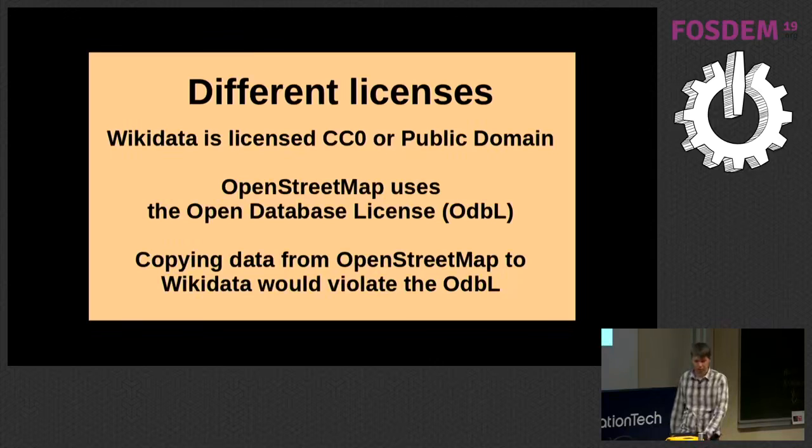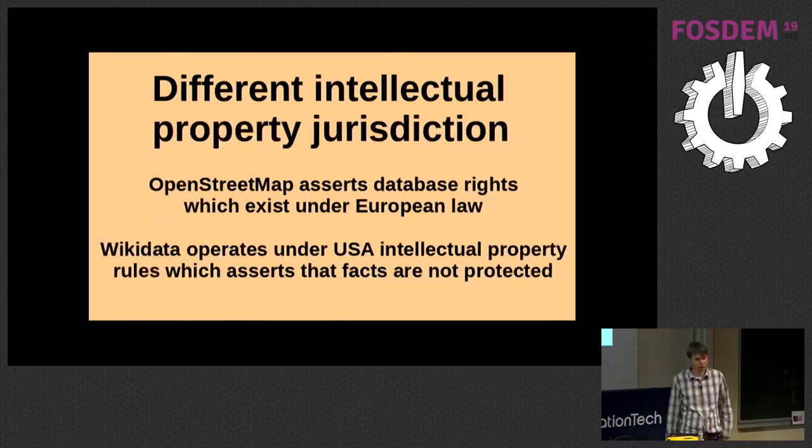But it even gets worse than that. Like they use different intellectual property jurisdictions. OpenStreetMap asserts database rights under European law, and the Wikimedia Foundation is keener on US intellectual property law, which says that things like coordinates are facts and they're not protected by intellectual property.